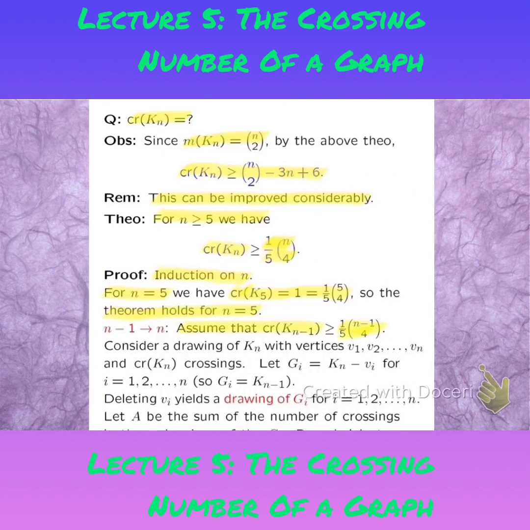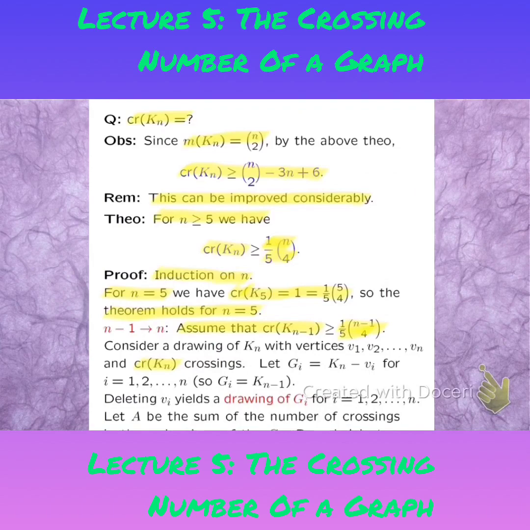Okay, so let's take Kn and look at the crossing number of Kn. And now what we're going to do is we're going to use a clever counting argument. So we're going to delete a vertex from Kn and then apply the induction assumption to this particular graph.